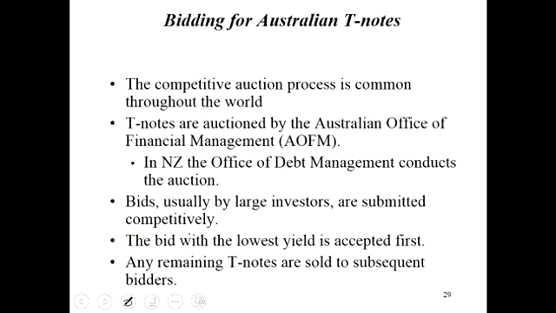Now, when you see how these things are issued, the competitive auction is the typical way. People just put in a bid. They specify how many they want in terms of dollars, and they also specify what interest rate they want for these securities. They line them up from the lowest interest rate up. If they're going to issue, say, 500 million at one time, they simply go from the lowest interest rate up till they hit the 500 million mark, and that's where they stop.